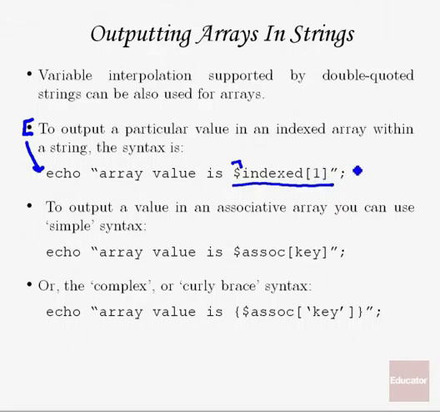And what that's going to do is replace this variable with whatever the second value is in this indexed array. So that's pretty intuitive because it's exactly the same way you would access it in PHP code. Now for associative arrays, it's a little bit different.